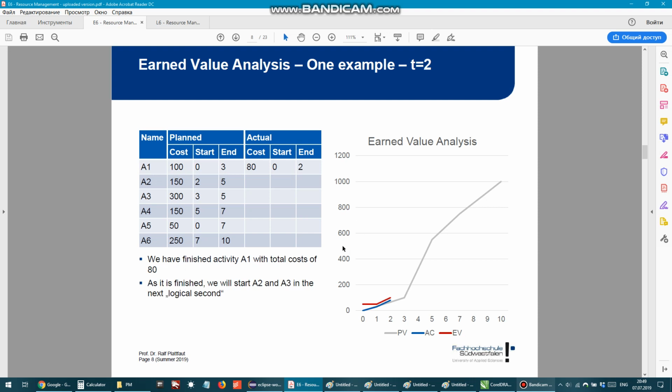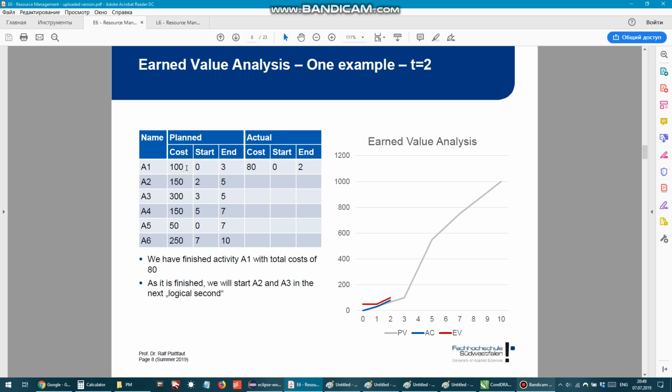On day 2, we find out that actually we finished our task A1. That's why this earned value line, the red line, will go up to 100. So by day 2, whatever we did, again, it doesn't matter how much it actually cost us, this A1 brought us 100 euro or dollar, doesn't matter.